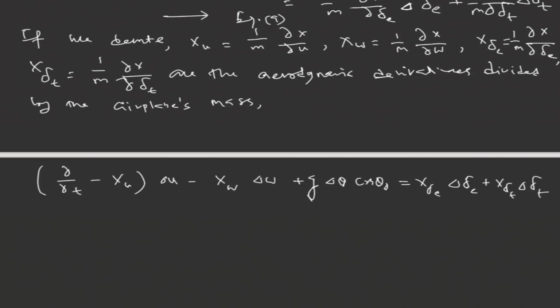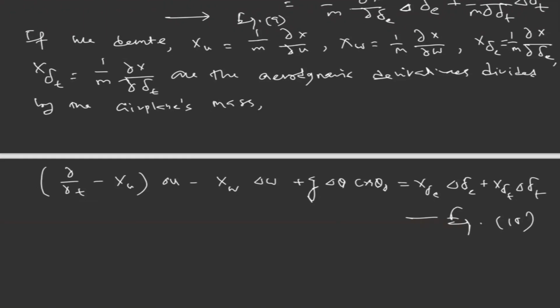So this is the equation of the force along x direction in the longitudinal motion, and let me define this as equation number 10. This is basically the linear model of the system, because these terms are constant. Here this is a constant value, these are all constant terms. Equation 10 is the linear equation of the force equation in the x direction.